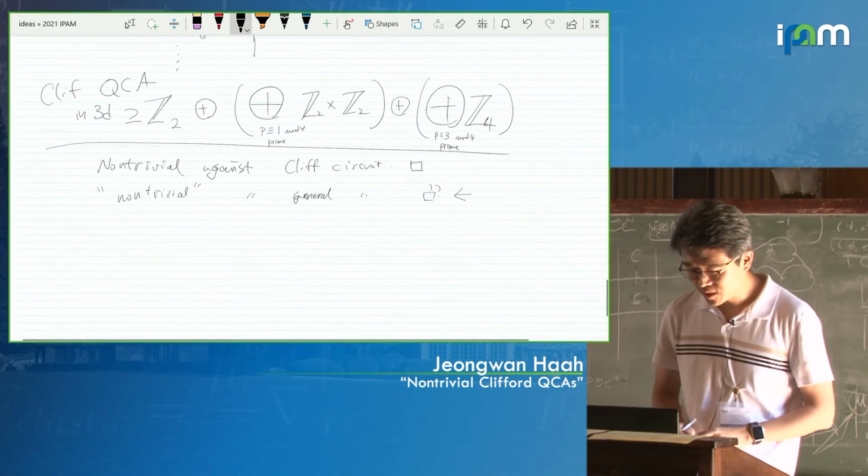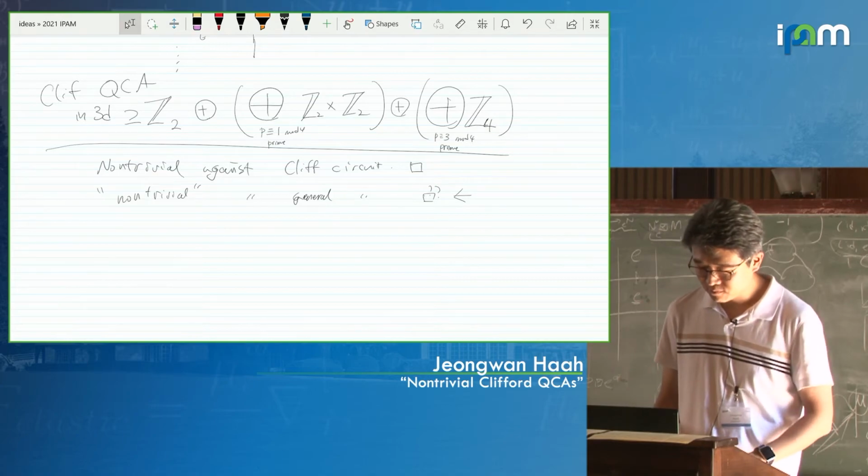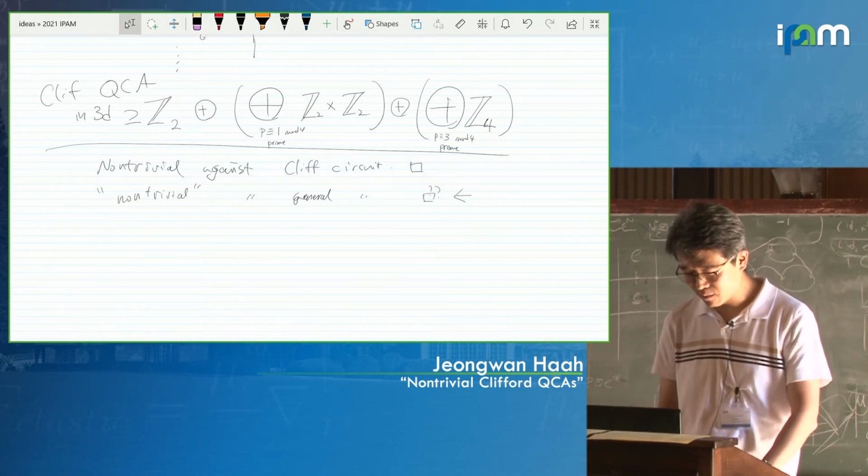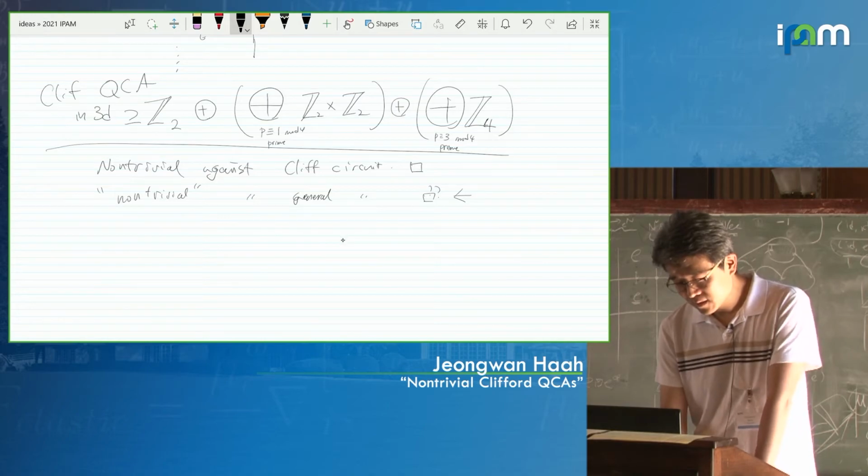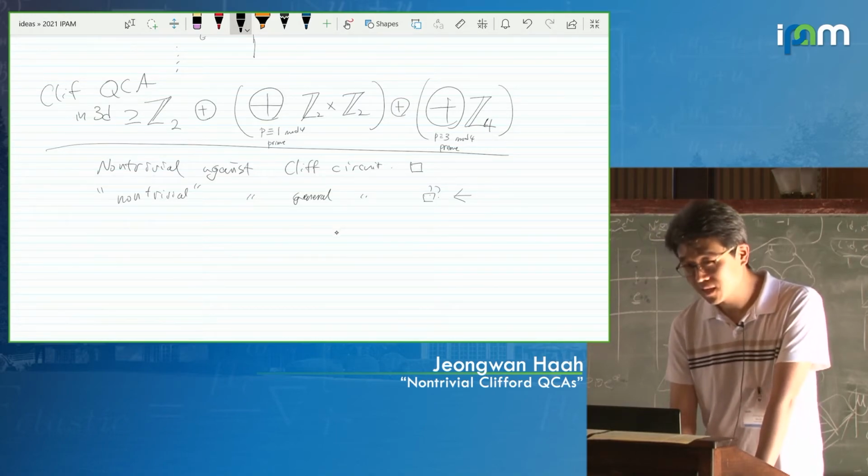Let me mention that conjecture in perhaps a more memorable way. I think this is true. I don't have proof.